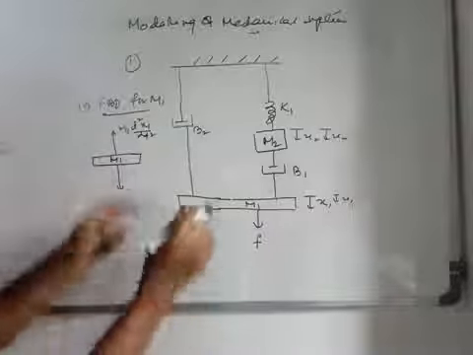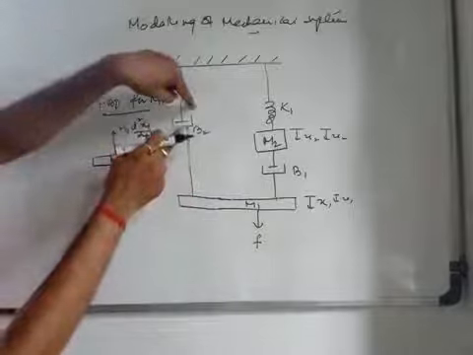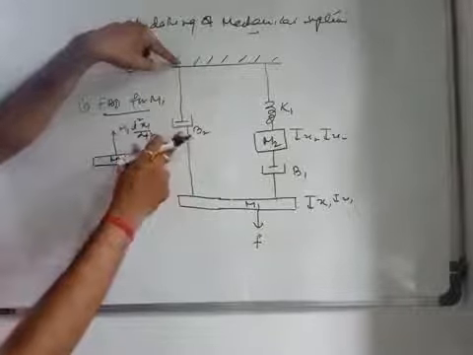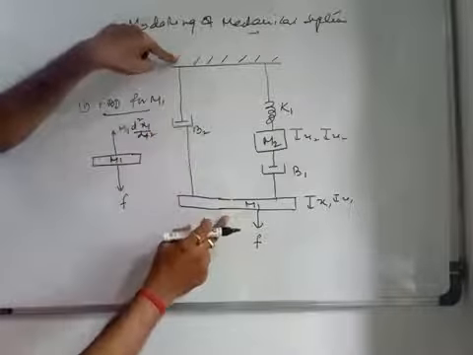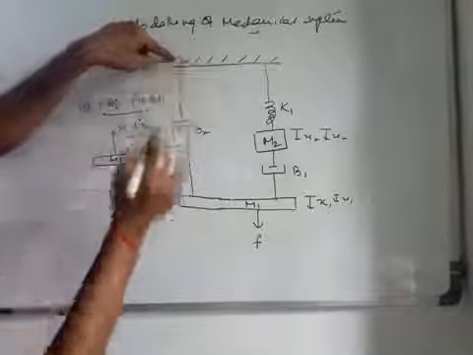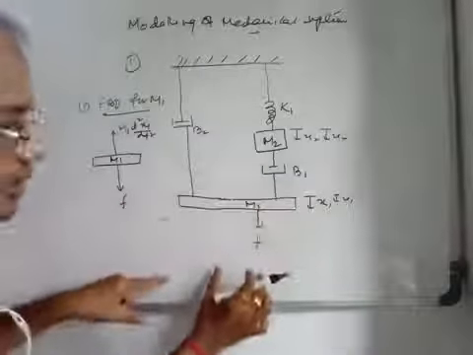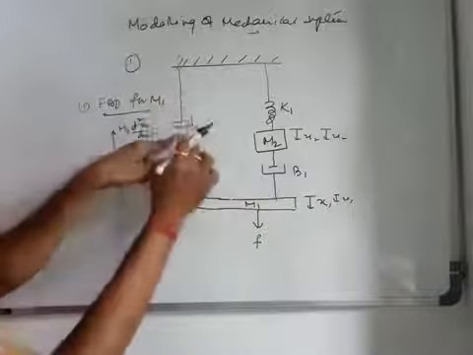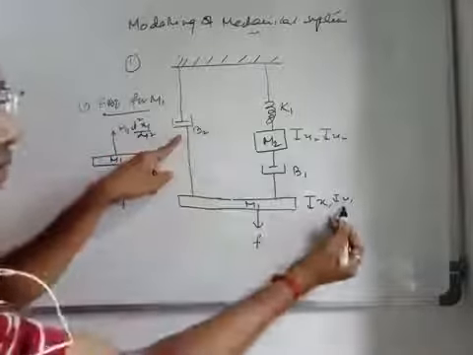Next, what comes, this body is connected to b2, and this b2's other end is connected to this rigid surface. Try to understand what I'm telling. One end of b2 is connected to the mass m1, and the other is connected to the rigid body. So when this mass m1 is displaced, the force exerted in the opposite direction by this damper will be proportional to the velocity v1, right?